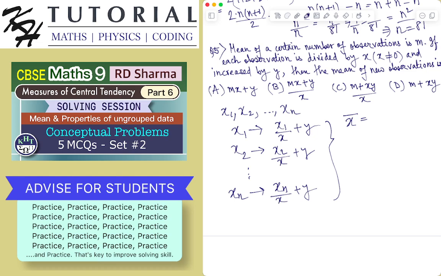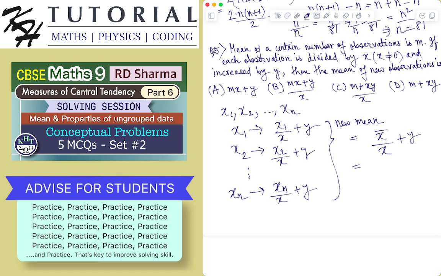First it is being divided by x and then y is being added. The new mean will change exactly the way each observation is being changed. That is the main concept. The new mean will also be the original mean, which let's say I am denoting with x bar, divided by x and plus y.